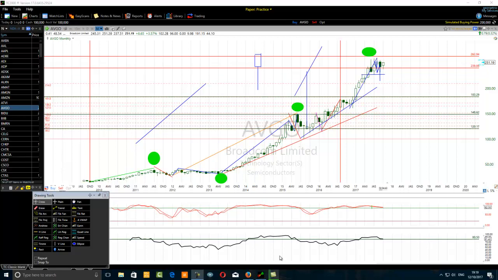So one trick that we can use with the RSI above 80 is that we can screen for financial instruments that have the RSI above 80.